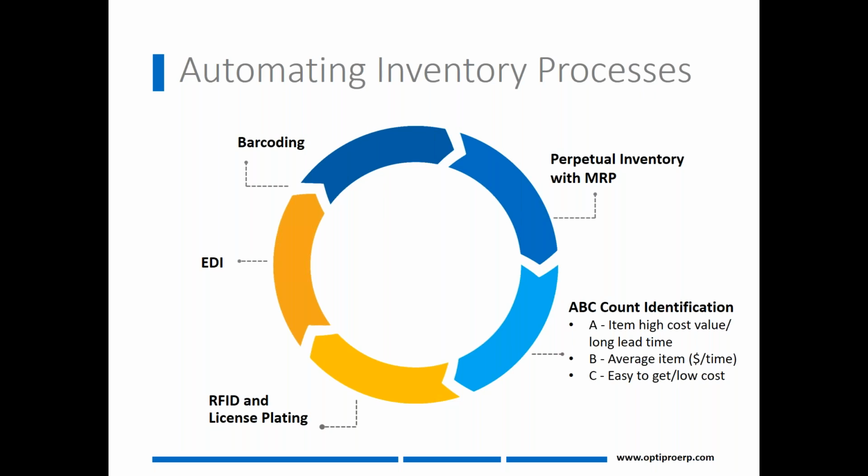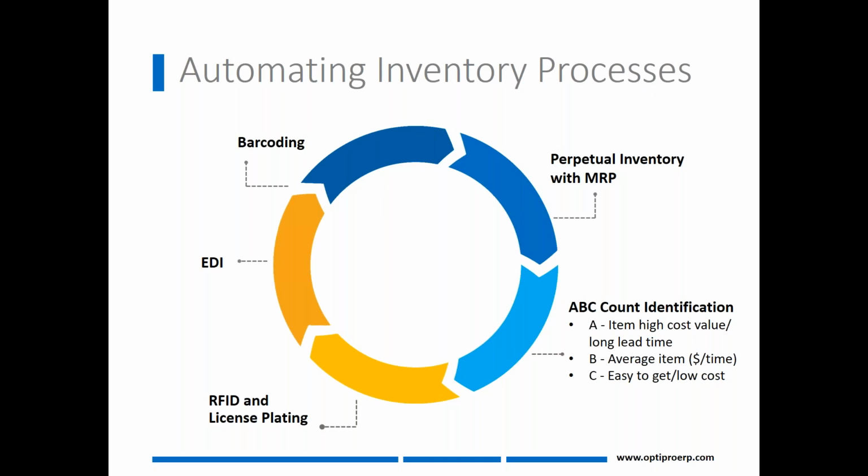Other tools that people use to automate inventory processes: RFID, so radio frequency identification. Those are little electronic tags that you put on the parts as you pass them through gantries. The system is capable of making transactions automatically.